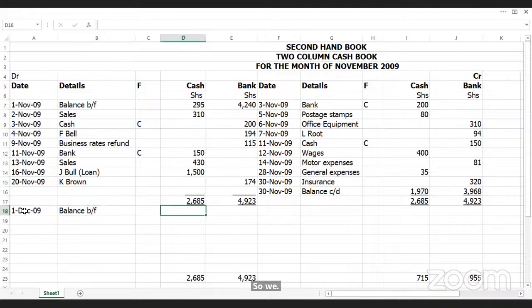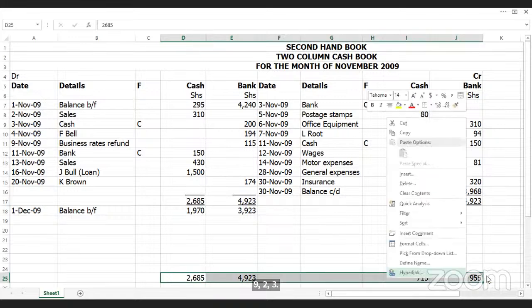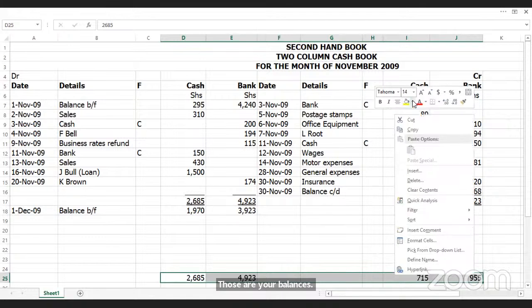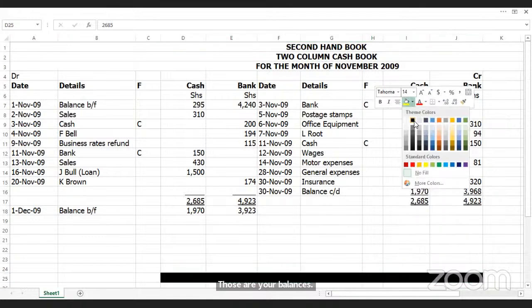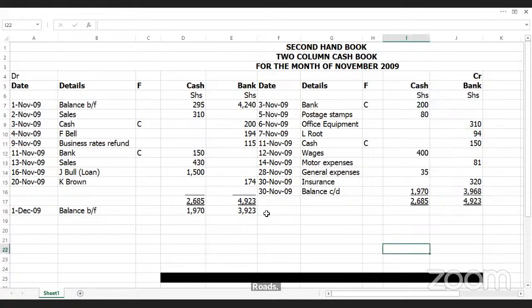That is the 1970 cash, and then the 3968. Those are your balances.